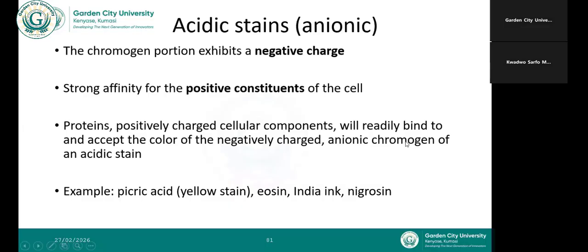So using these anionic or acidic stains will bind to these positively charged components. Examples of acidic stains include picric acid or yellow stain, eosin, Indian ink, nigrosin.